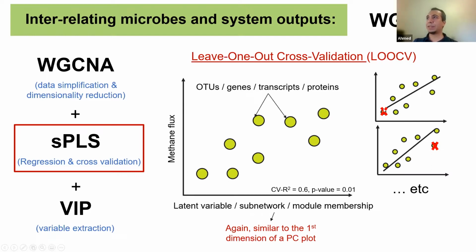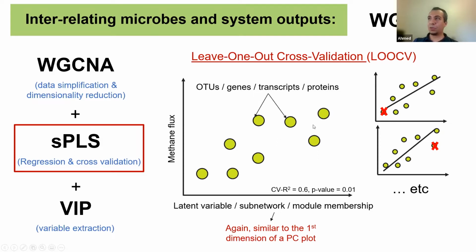The idea is that you construct this regression model iteratively, and each time you remove one of the OTUs that exist in this module. You do this every single time, and you calculate the deterioration in the cross-validated R square between your X and Y axes right here.